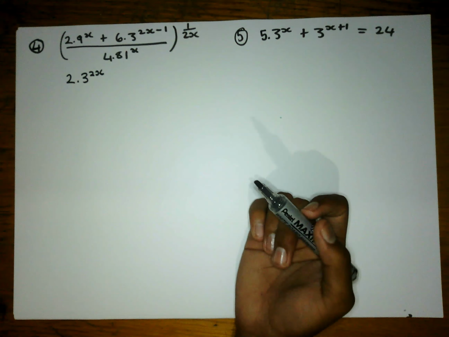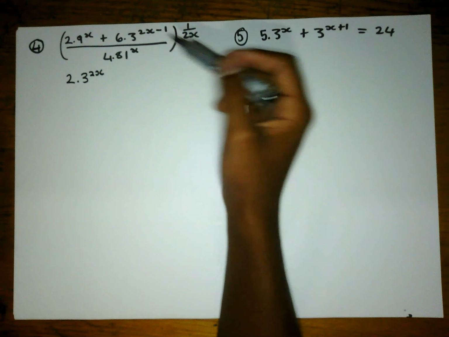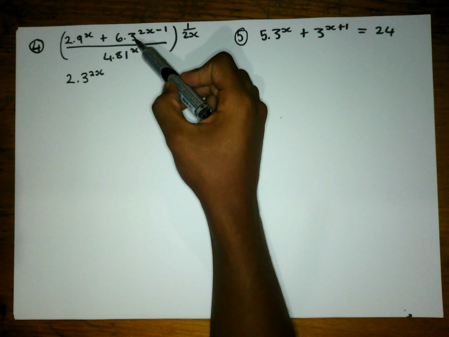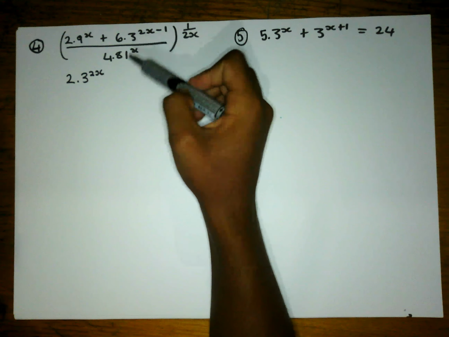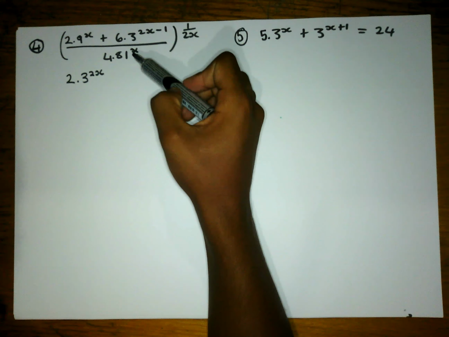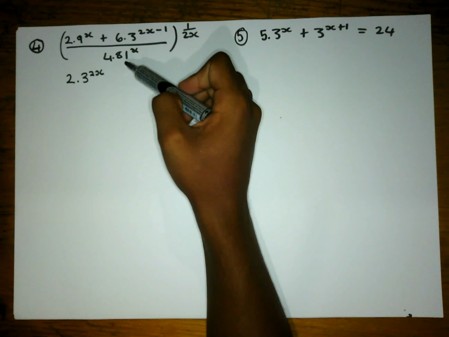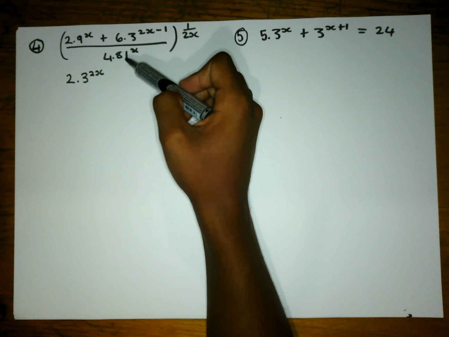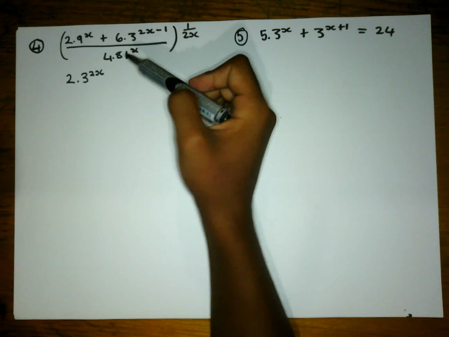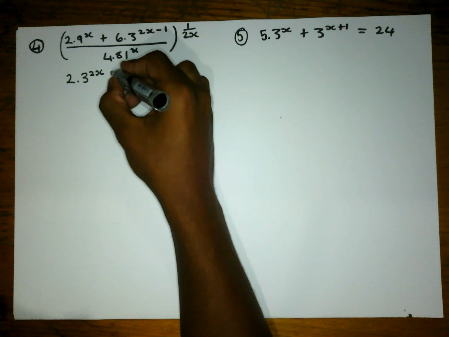Where did I get the 3 squared x from? I am seeing that here's a 3 to the power 2x, and this 81 to the power of x. In my mind, I know that 3 to the power 4 is 81. So I'm going to change this 81 to 3 to the power 4.